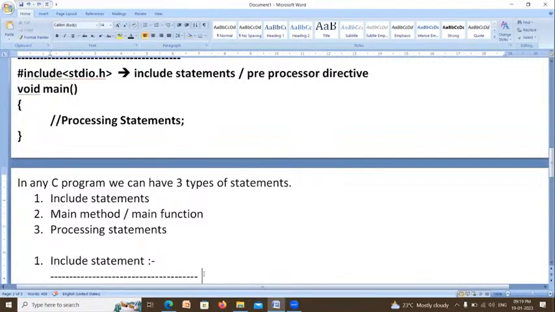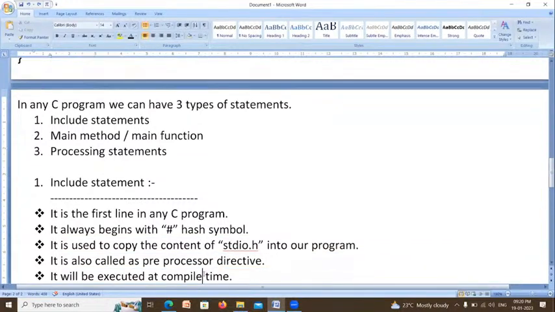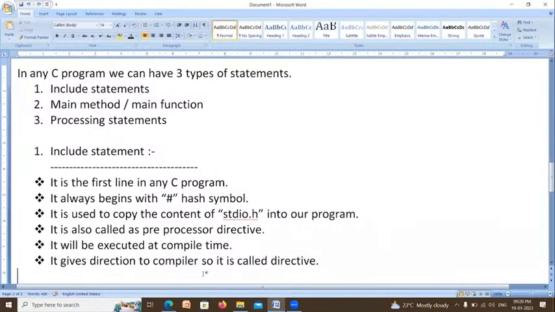The different parts of a C program. One is include statement. Second one is main method, also called main function. Third one is processing statements. What is include statements? Include statements are at the top of the program, the first line.